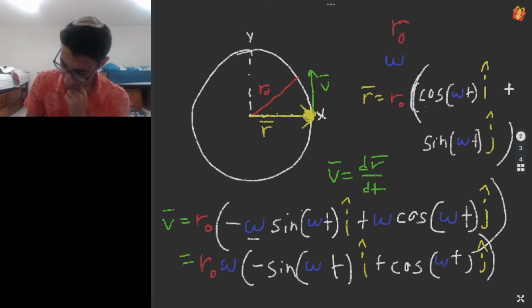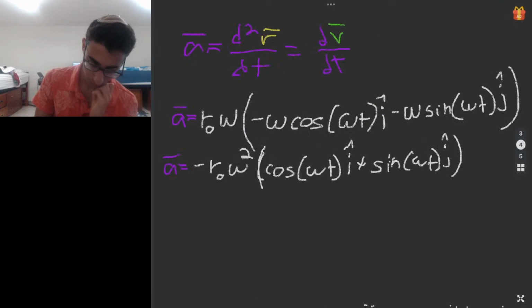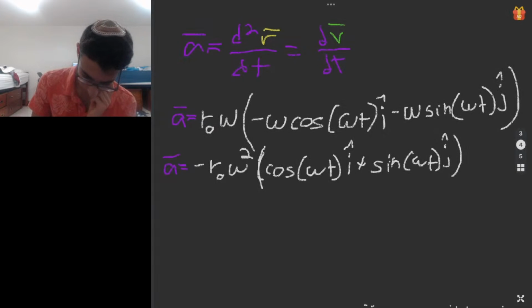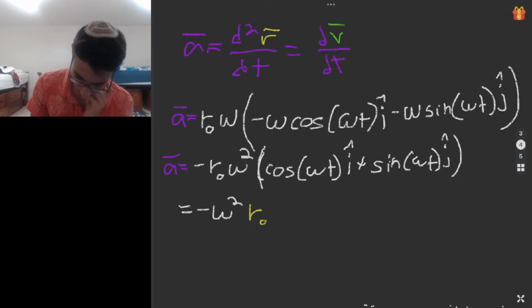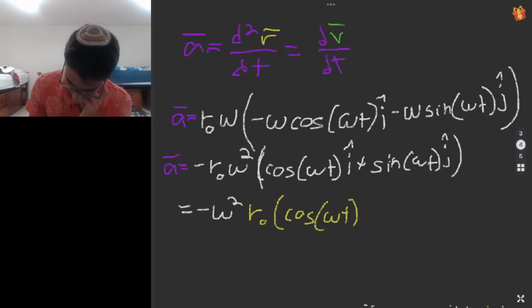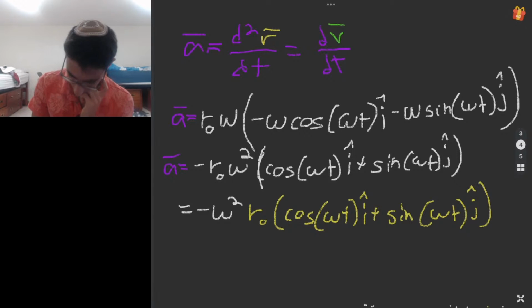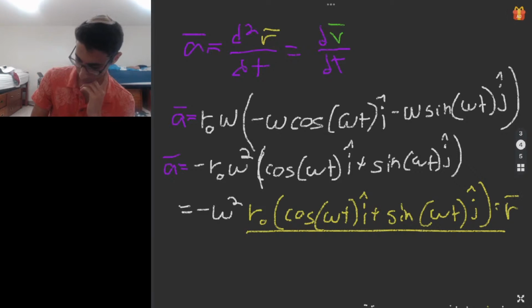So we can rewrite this as negative omega squared, and I'm going to write this in a different color, times r naught times cosine omega t I hat plus sine omega t j hat. This whole thing equals our vector r, our position.